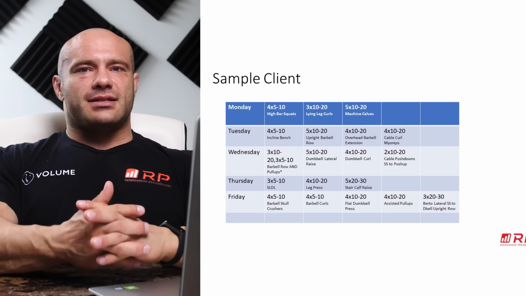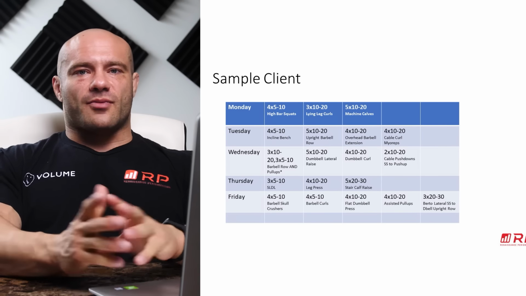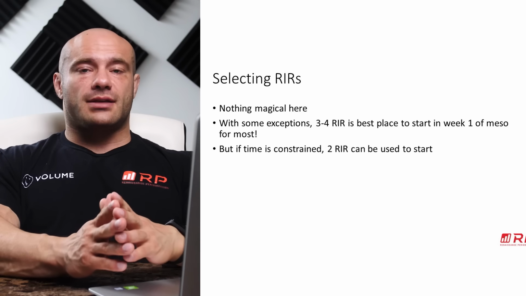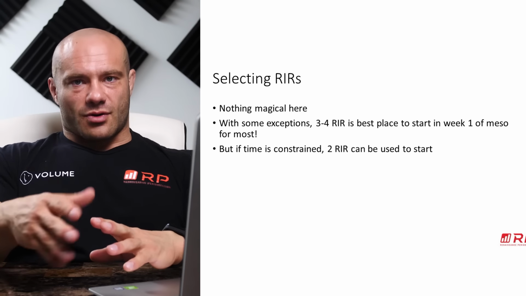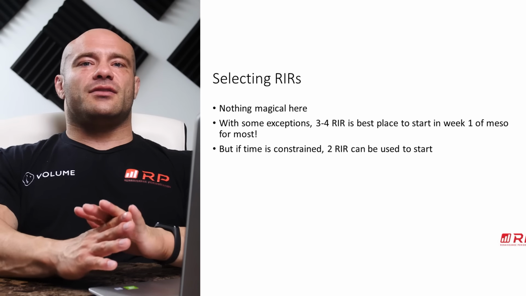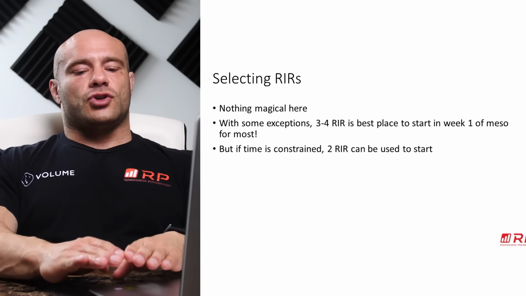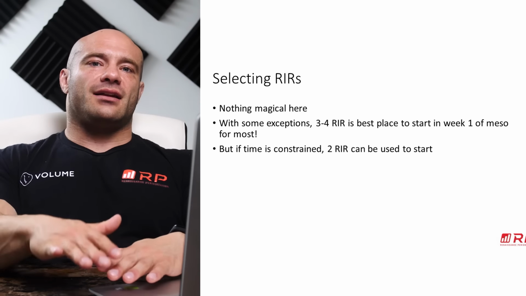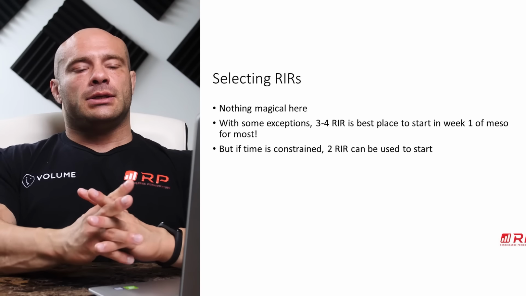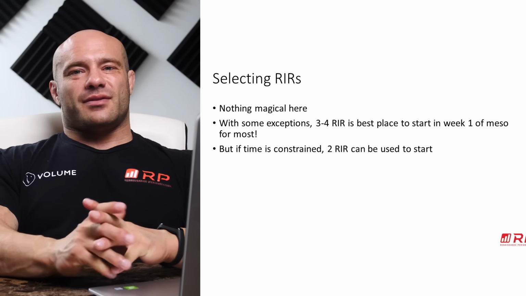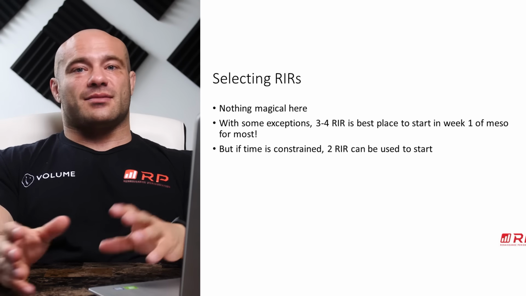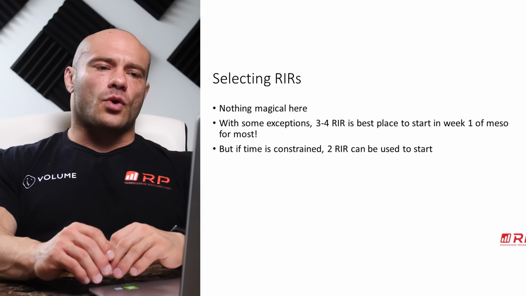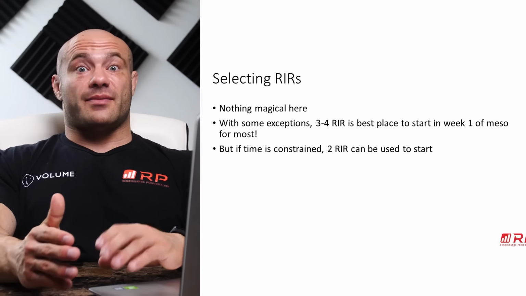And then the easiest part is selecting reps in reserve. There's really no magic here. Usually you just go 3 or 4 reps in reserve on the first week, and we'll go up from there, of course. If the individual is time constrained and their total volume over the week, even if they go into accumulation, will just never get high enough to really touch their MRV, and usually it means they can do only 3 or 4 sessions a week, sometimes even 5 or 6, but they can only train for an hour, hour and a half at a time, or they recover very easily, and maybe they're not very strong.